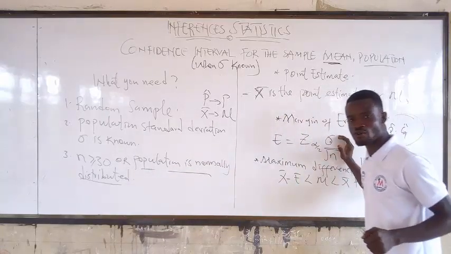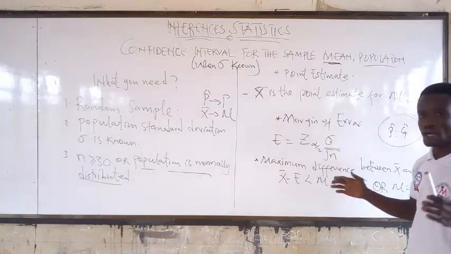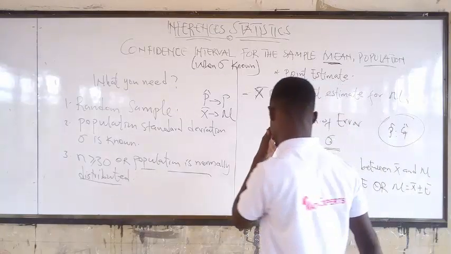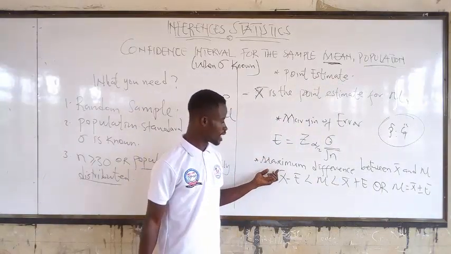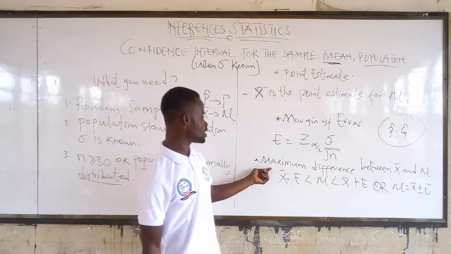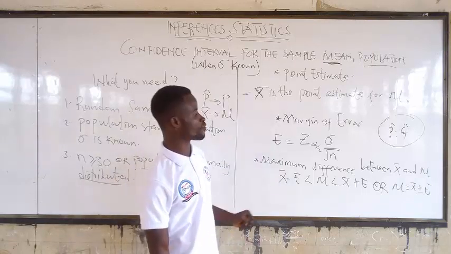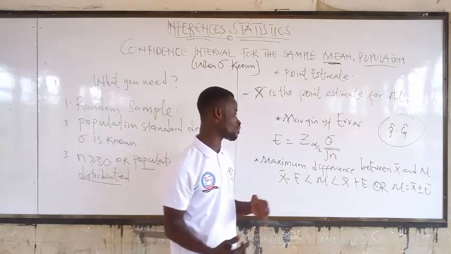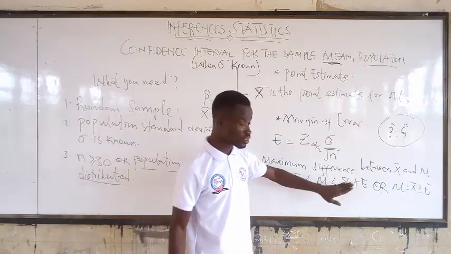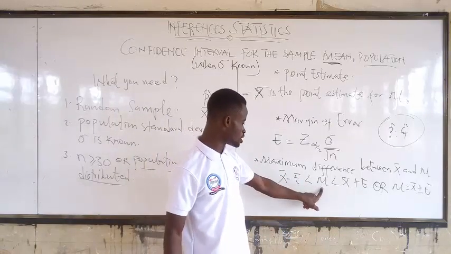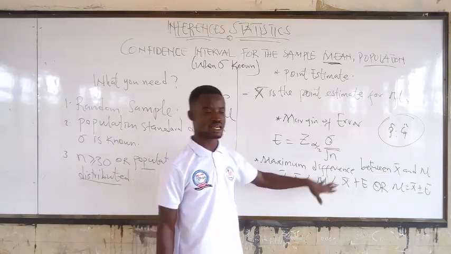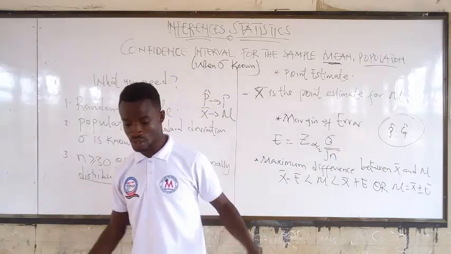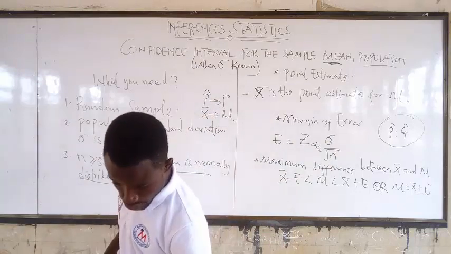Please, the formulas are not the same. Make sure you identify it well. This one is going to be our maximum difference between the x bar and the mean. In the previous one, here is p, here is p hat; here x bar, because this is the point estimate, and the error is that.